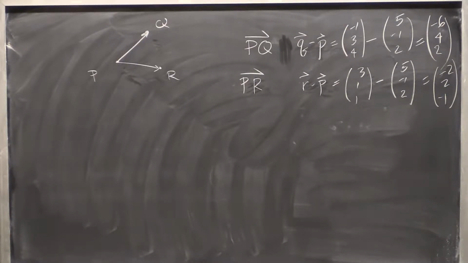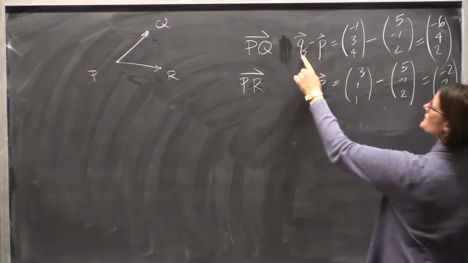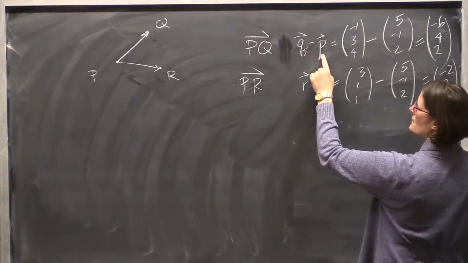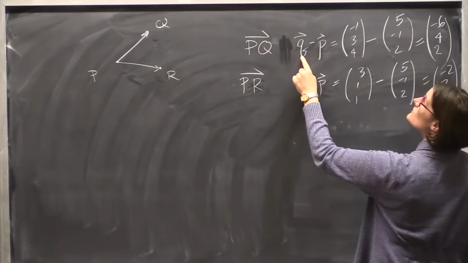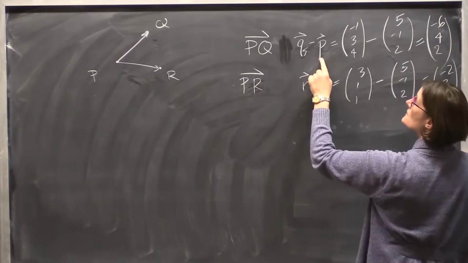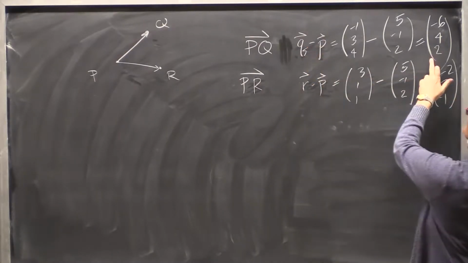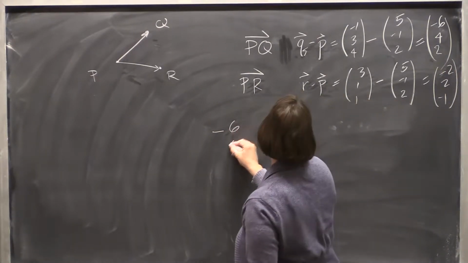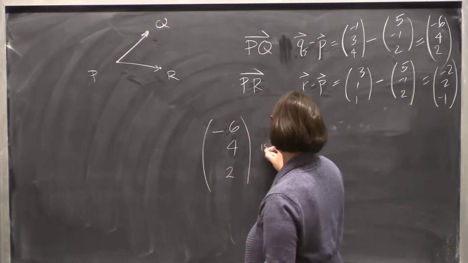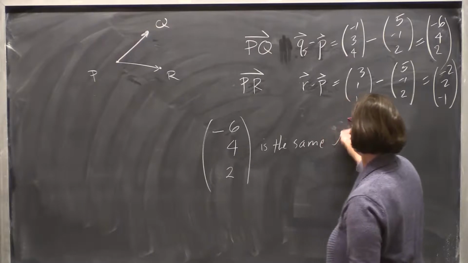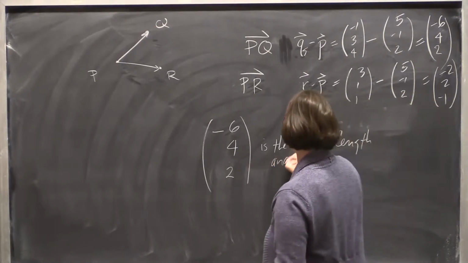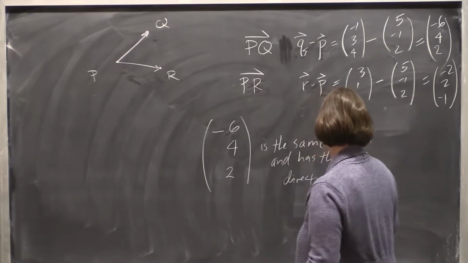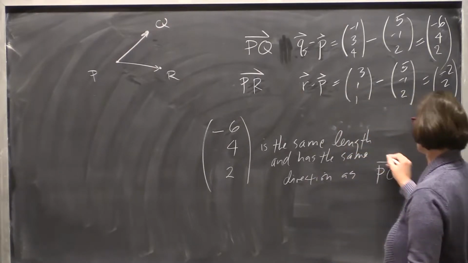Okay. So here I'm trying to be careful. This is the position vector for the point Q. This is the position vector for the point P. This is the vector that goes from the origin to the point Q. This is the vector that goes from the origin to the point P. And this is a vector which goes from the origin to some point. -6, 4, 2 is the same length and has the same direction as the directed line segment PQ.